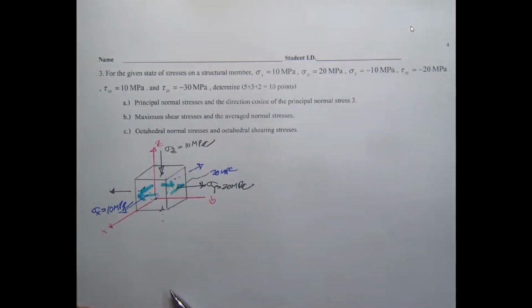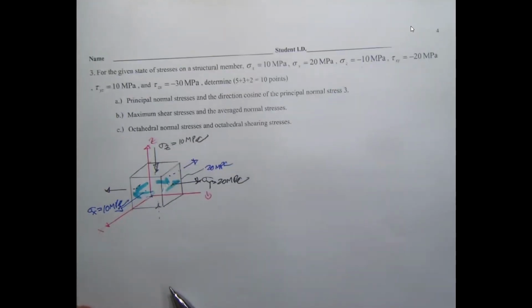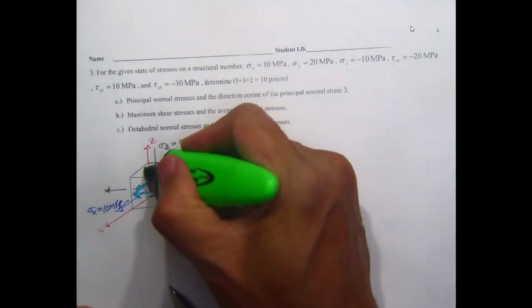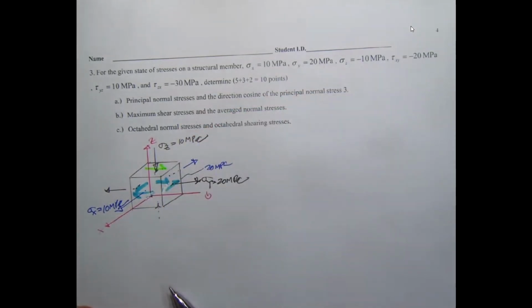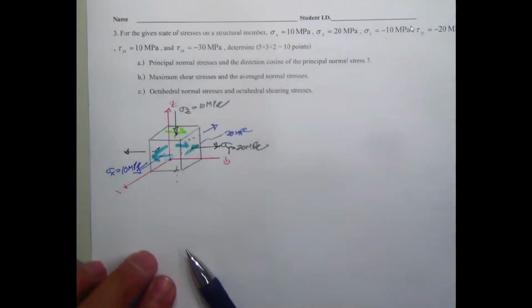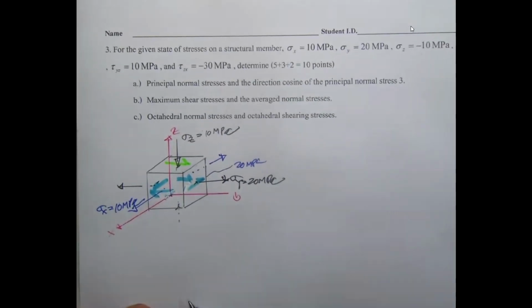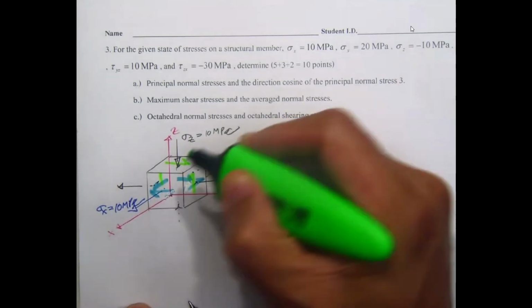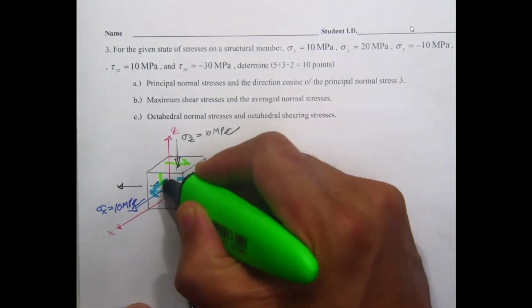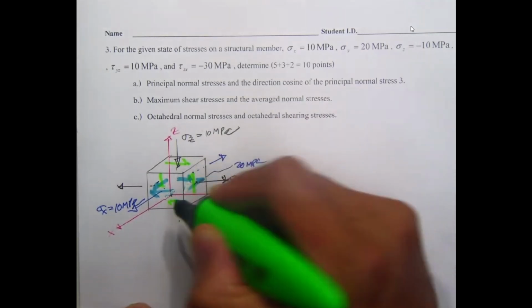And then how about tau sub yc? It's going to be on the c-axis and have the direction in y. You can put it over here, and then over here, and then over here.